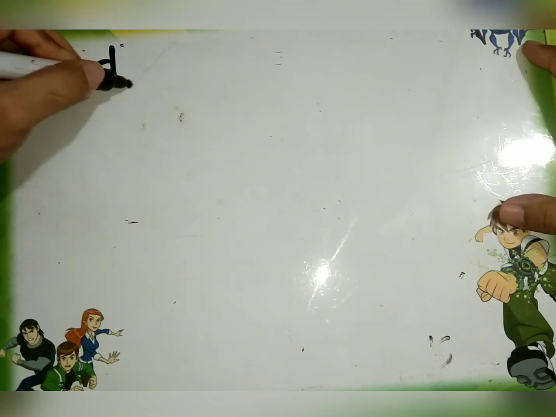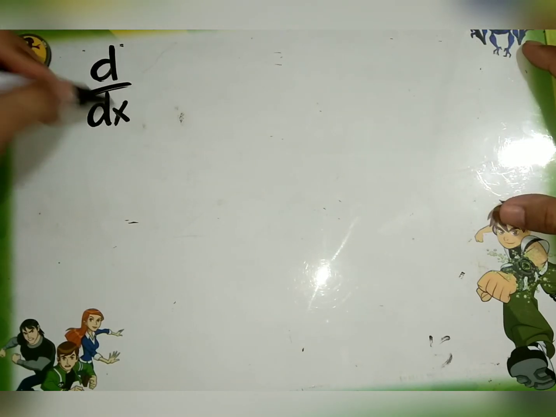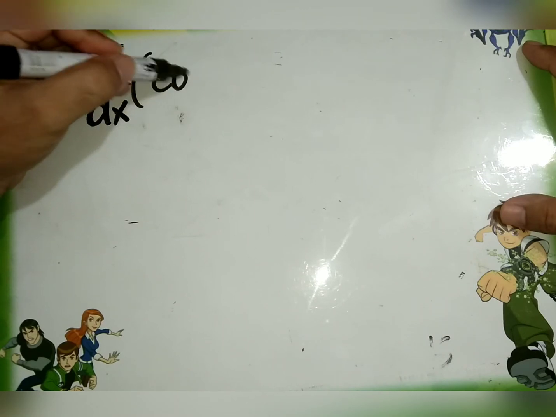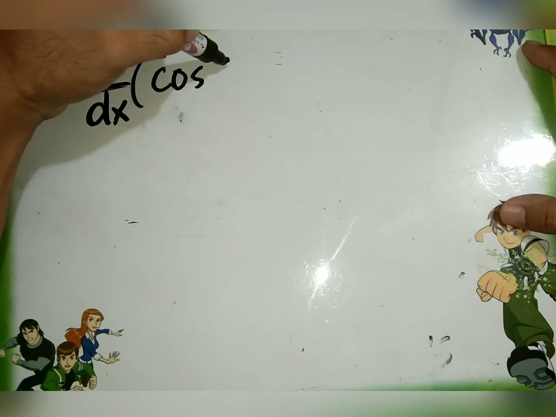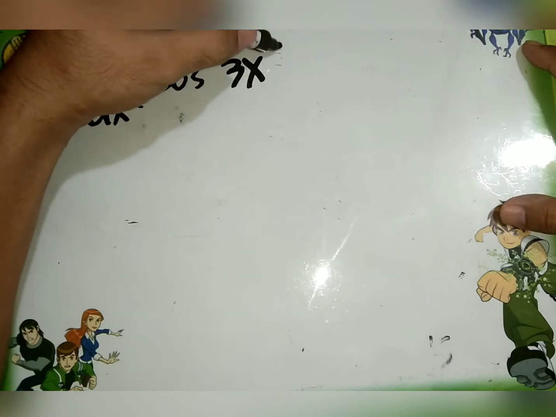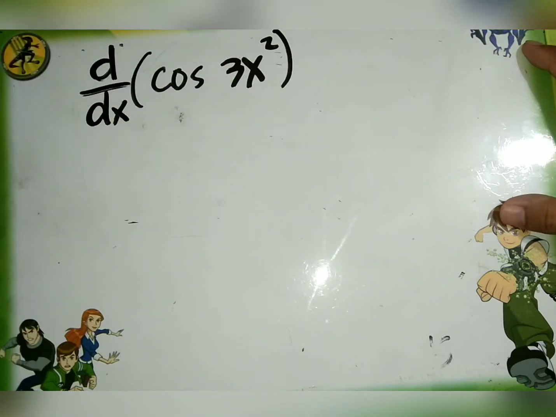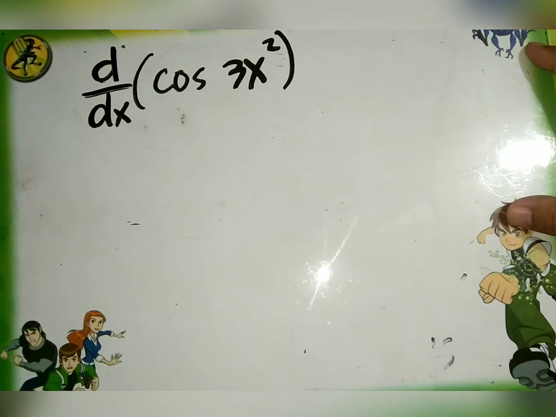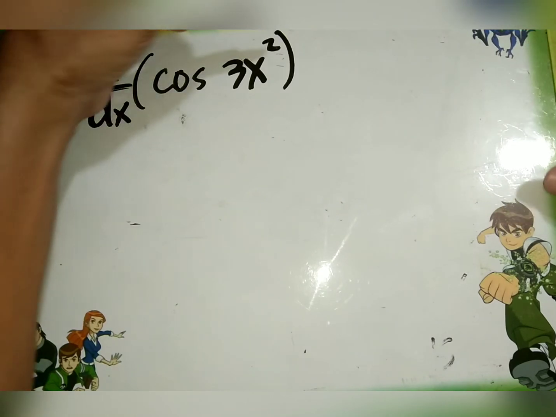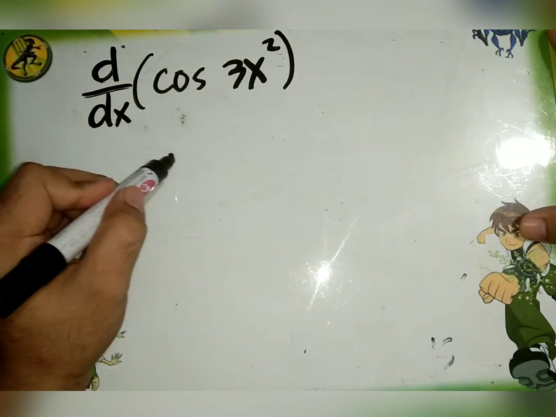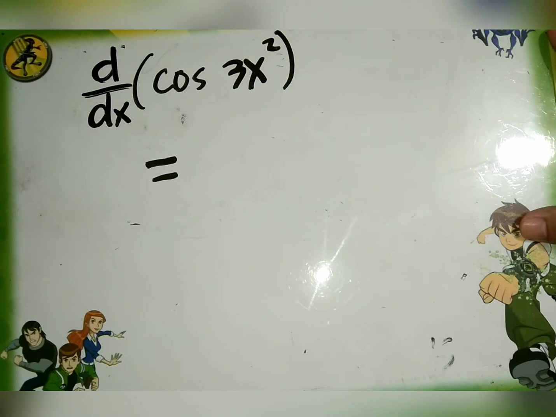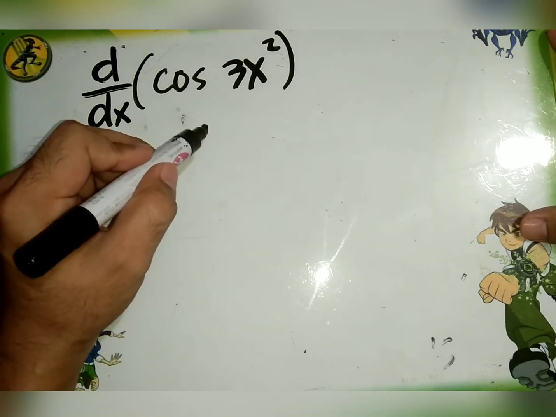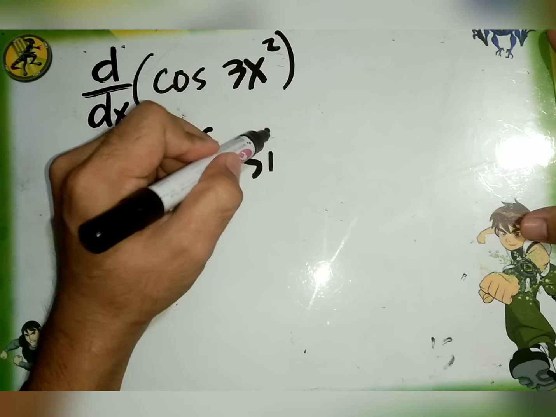Okay, next example. What is the derivative of cosine 3x squared? What is the derivative of cosine 3x squared with respect to x? So, what is the derivative of cosine? Negative sine. Okay, so negative sine.